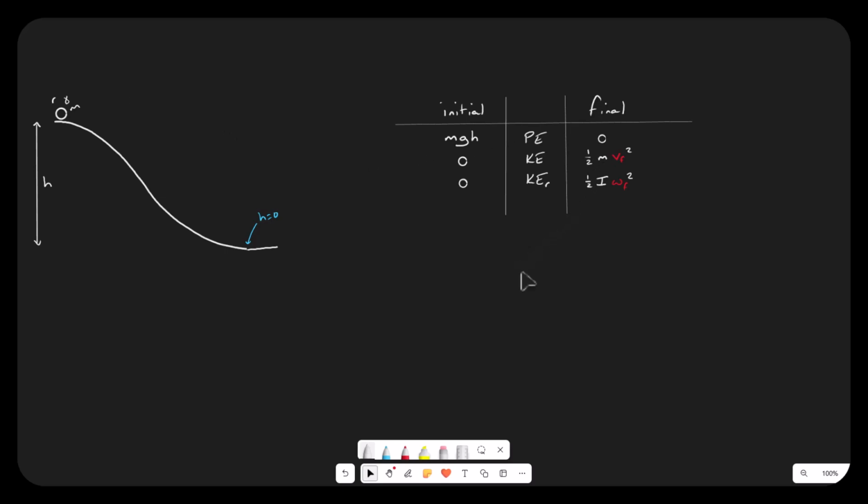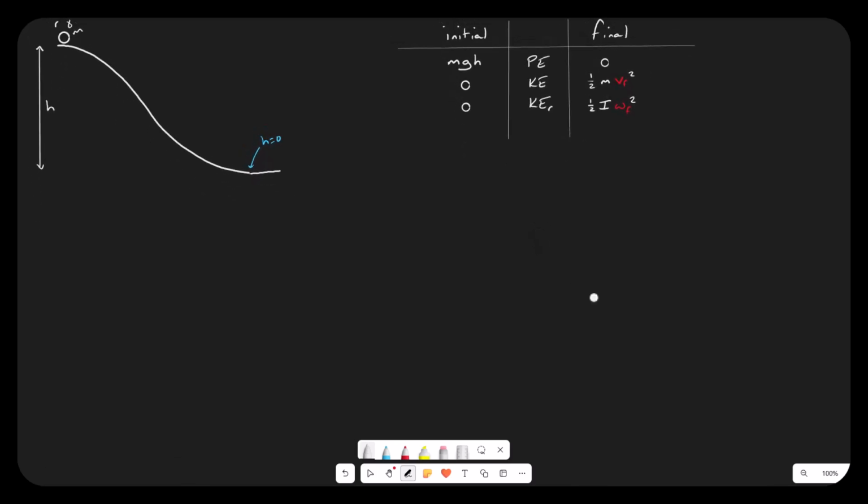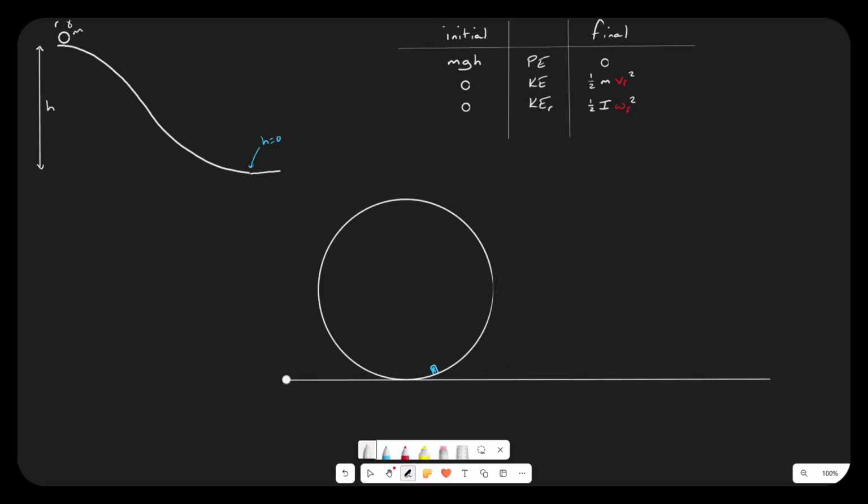I have this idea of rolling without slipping. What that means, if I've got an object like this and I make a mark on it right here, if I let the object roll, then a moment later, that mark is going to be on the ground. Right, now that mark is in contact with the ground.